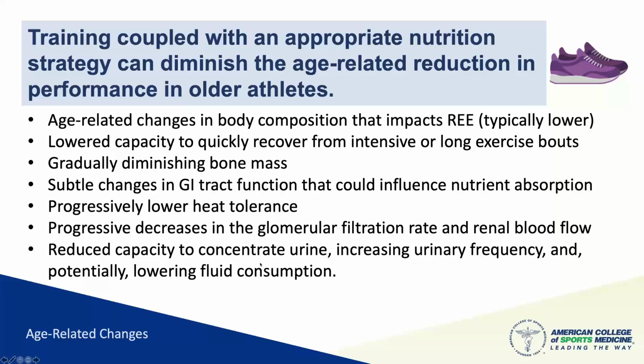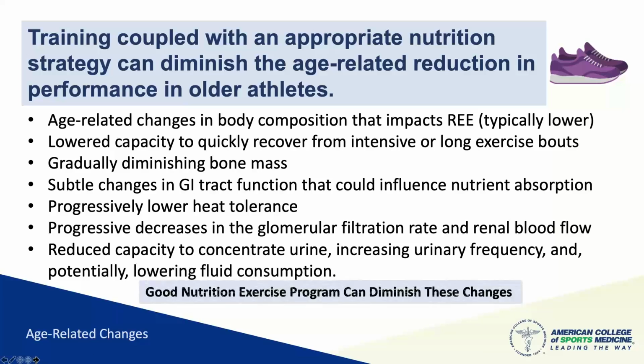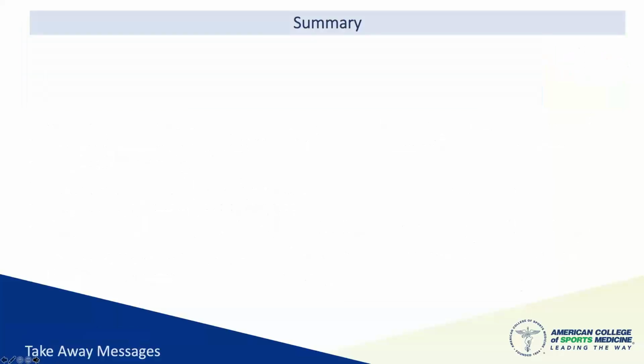There's a reduced capacity to concentrate urine, increasing urinary frequency, and potentially lowering fluid consumption. So all of these things have to be considered, but if you do the right things nutritionally, you can diminish all of these age-related changes. But we have to consider how we can get older athletes to do the right things nutritionally so that we can diminish it.